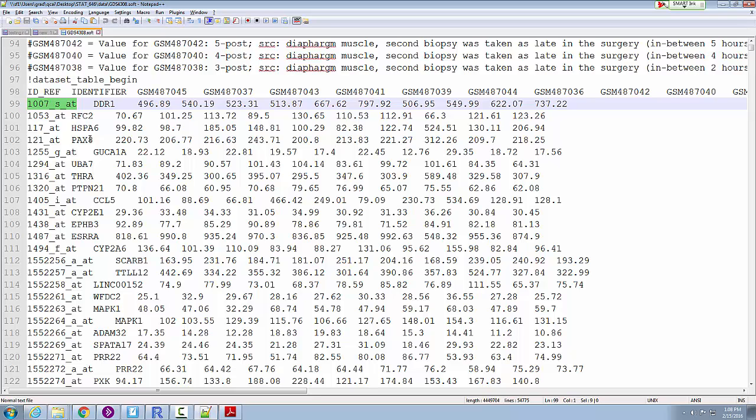It's an Affymetrix probe set identifier, 1007_S_AT. Second row is a different probe set. So for each of the thousands of probe sets on this type of array, we have a bunch of numbers. Each of those numbers corresponds to a sample or a replicate that we studied.